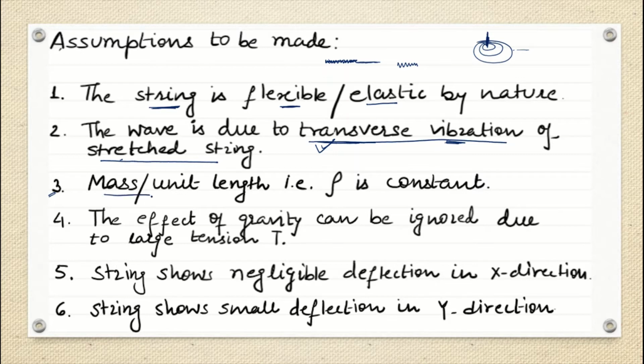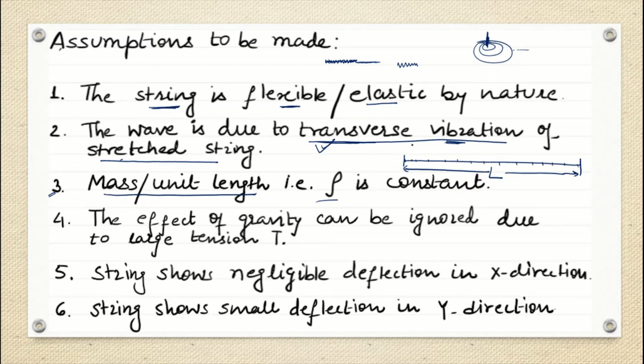Okay, so the third assumption is that the mass per unit length, that is rho, is constant. What does it mean? Why are we taking mass per unit length? The string we are considering has some length, suppose we say it has length L. The mass of this string is uniformly distributed all over the length of the string.